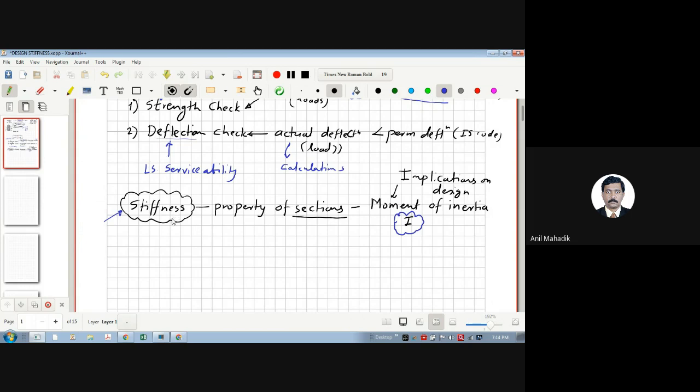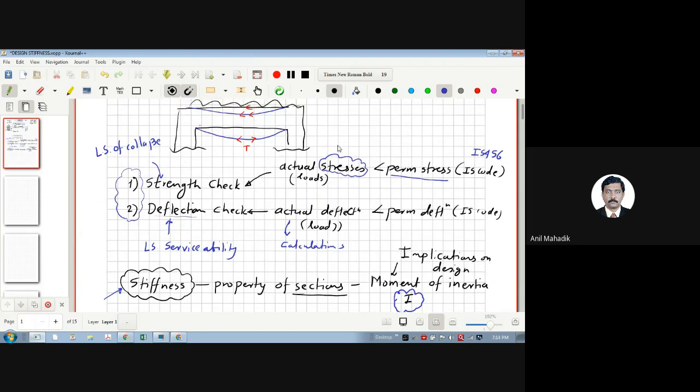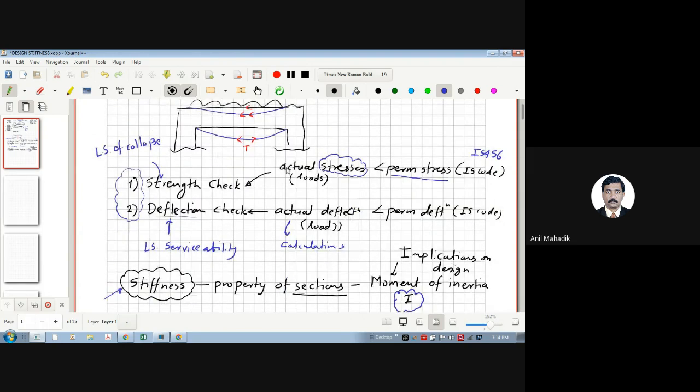So in general, we try to understand the design. So these are the only two things in design mainly. But whenever I say only two things, there are a lot of study you need to know. For example, strength means stresses. You should know how to calculate stresses. What is meant by stresses? What stresses come in beam? What stresses come in column, and so on. Then you should know how to calculate the deflection.